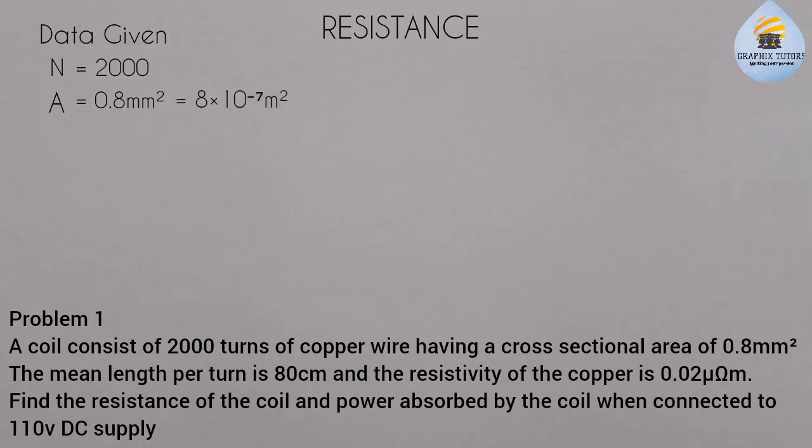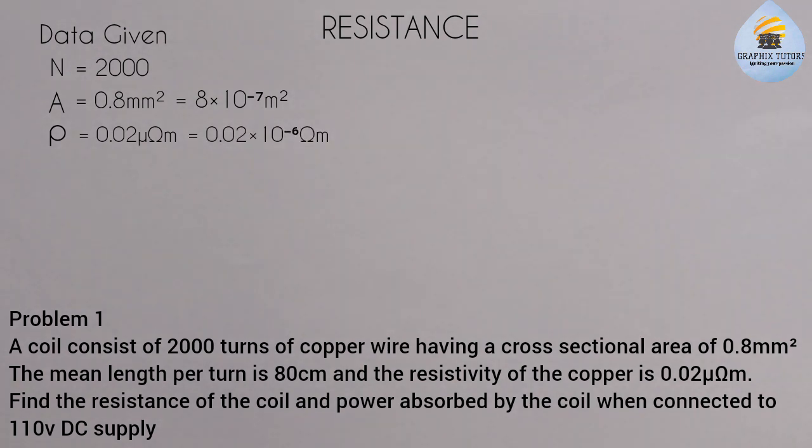Minus 7. Now the next thing we'll be having is the resistivity, and that is given the symbol rho. We use rho to represent resistivity. Resistivity is given to be 0.02 micro-ohm-meter. The micro there stands for 10 raised to what? Minus 6. So we have 0.02 times 10 to the power minus 6 ohm meter.